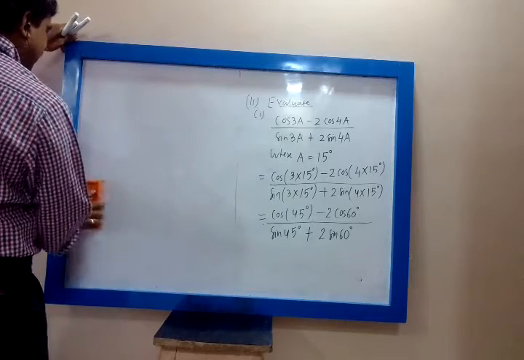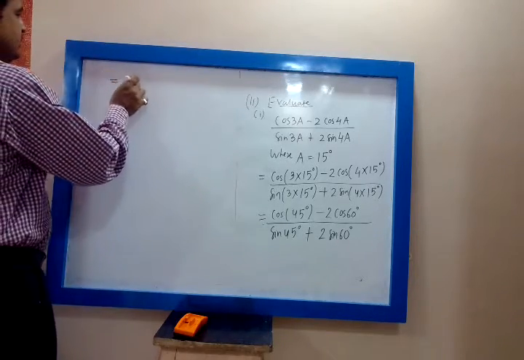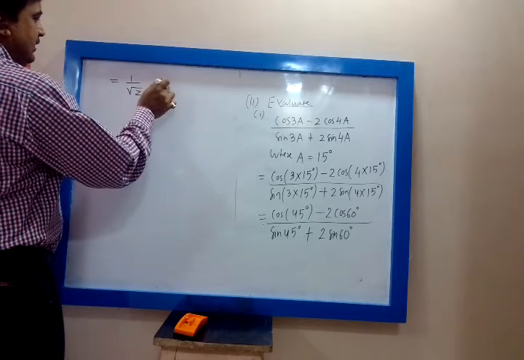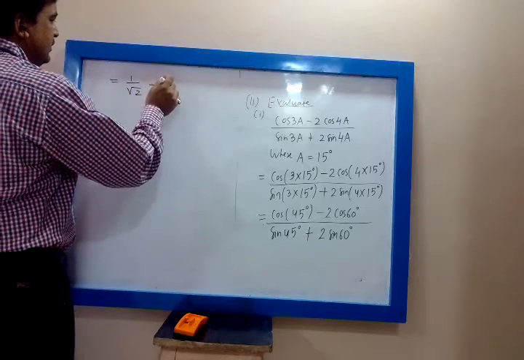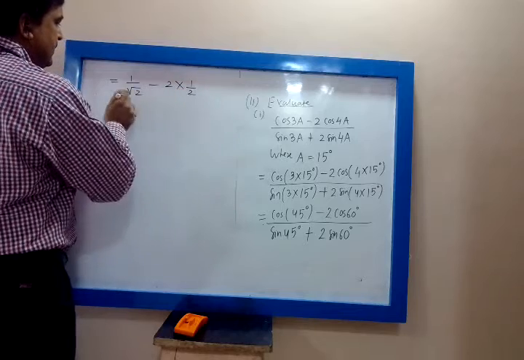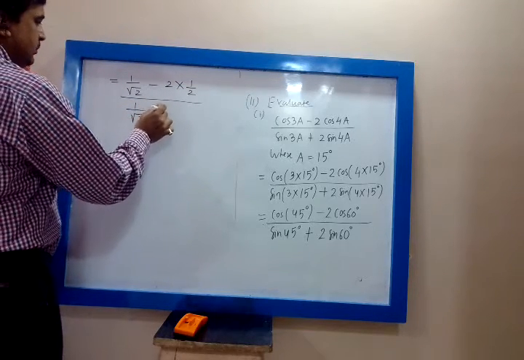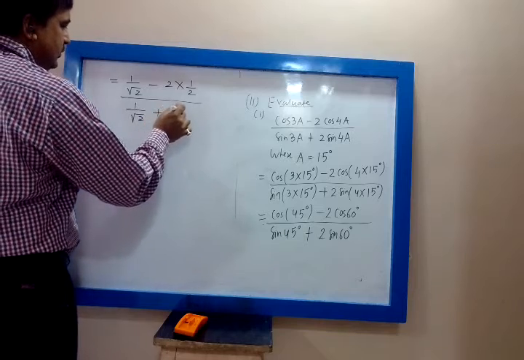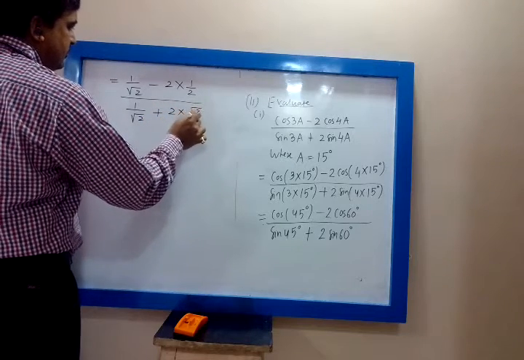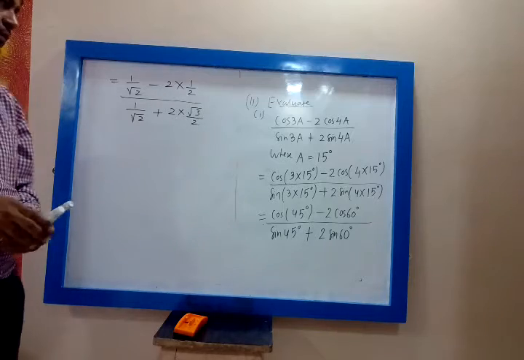Cos 45 degrees is 1 by root 2, minus 2 cos 60 degrees. What is cos 60 degrees? 1 by 2. Sin 45 degrees is 1 by root 2, plus 2 sin 60 degrees, and sin 60 degrees is root 3 by 2.